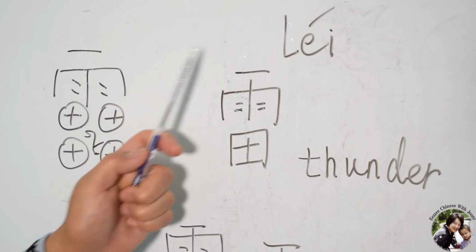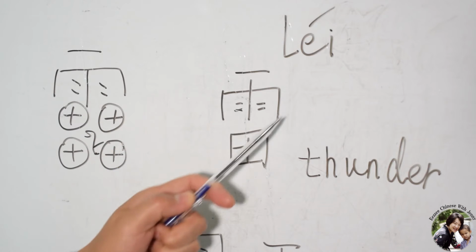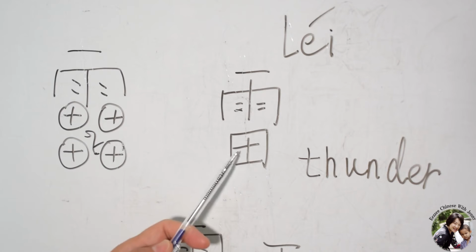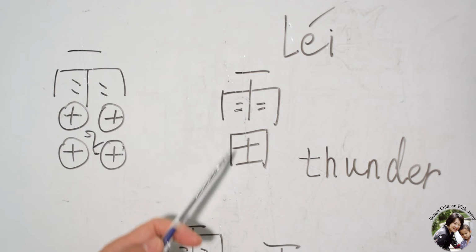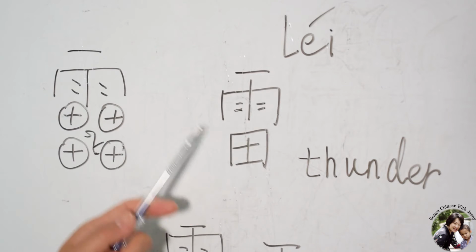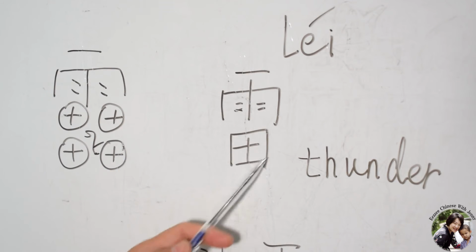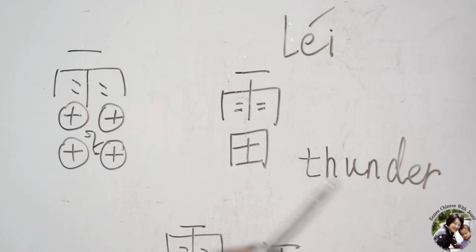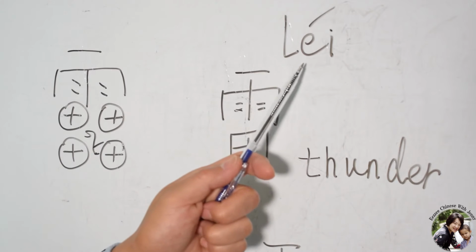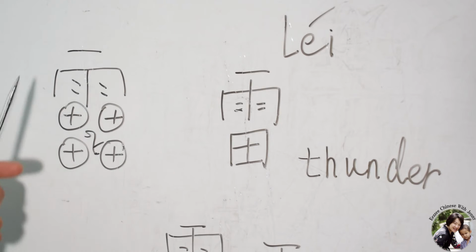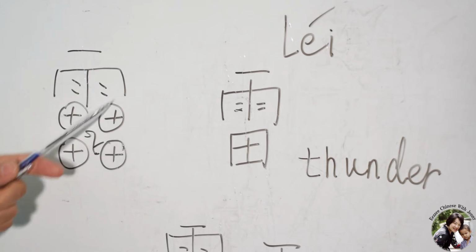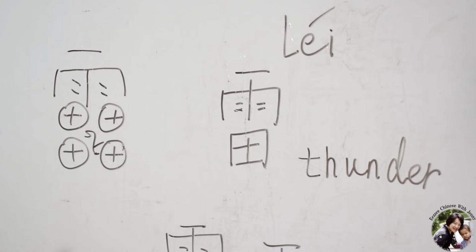Remember? We have learned this rain, 雨, and this, the farm field, 田. How about putting them together? The rain on the top and the field on the bottom. It means thunder. Pronunciation is léi, 雷. 雷, the original shape was like this, with all this rain on the top.